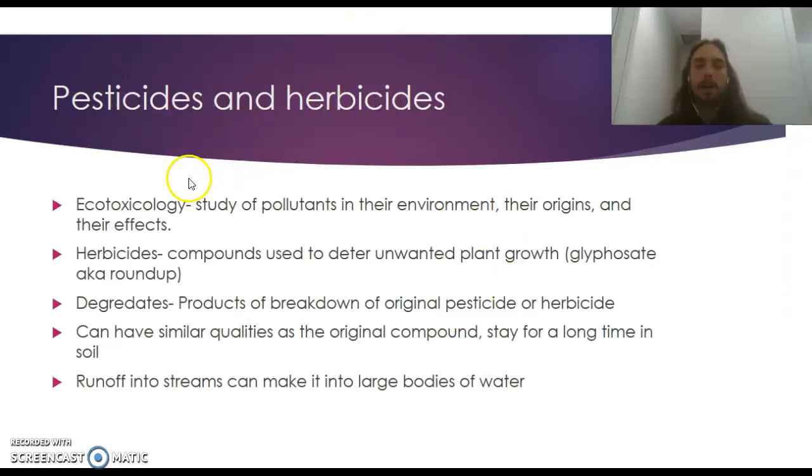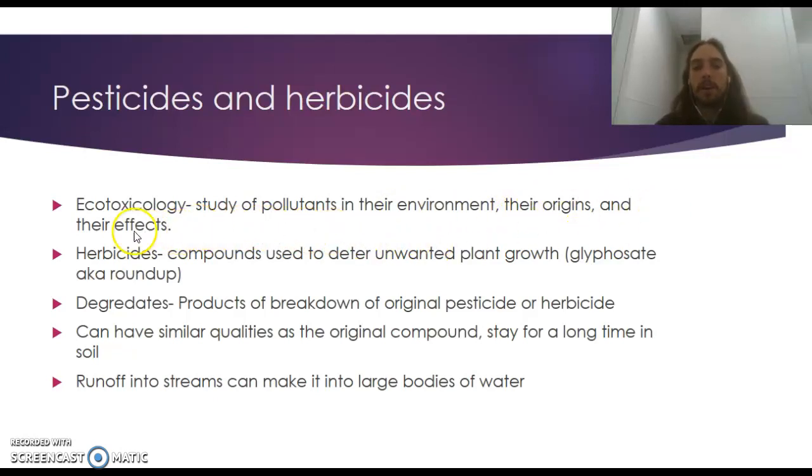So ecotoxicology is the study of pollutants in their environment, their origins, and their effects. So there are people that look into this. They're really, really smart people, and they make sure that pollutants aren't totally destroying ecosystems, and they're trying to figure out where those pollutants come from.